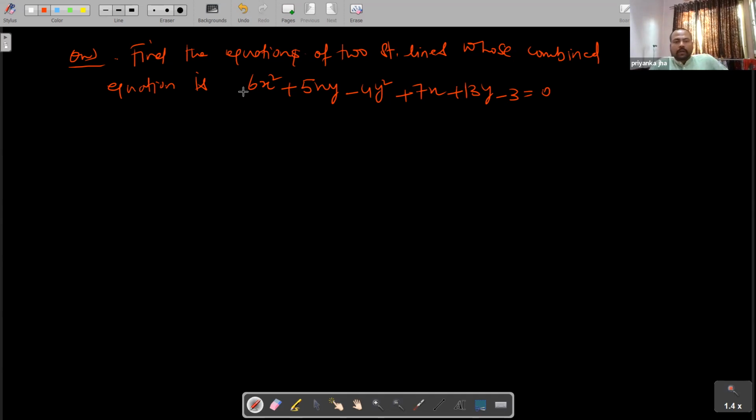Okay, now see, question says that this represents pair of straight lines. So you have to find the equation of those two lines.